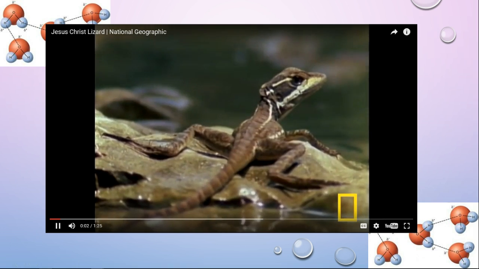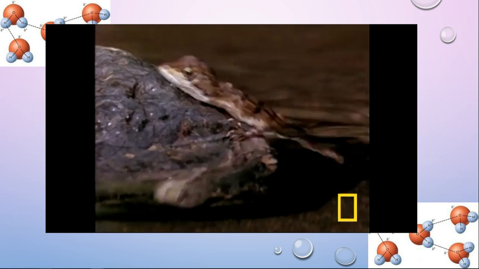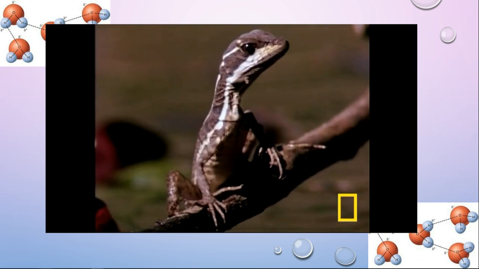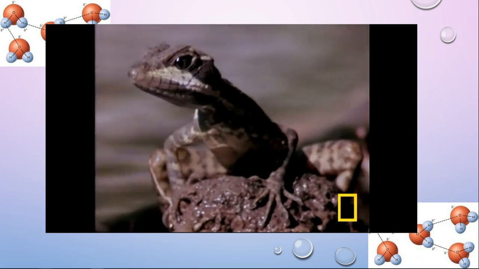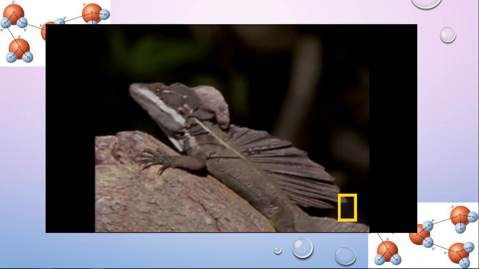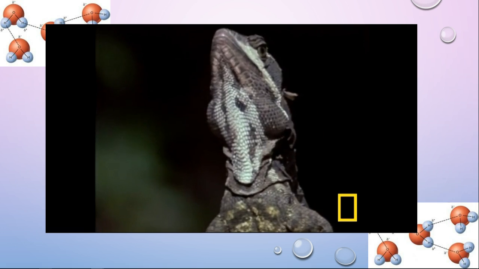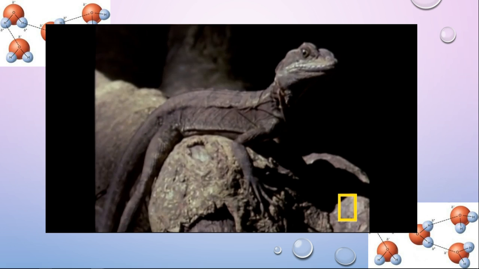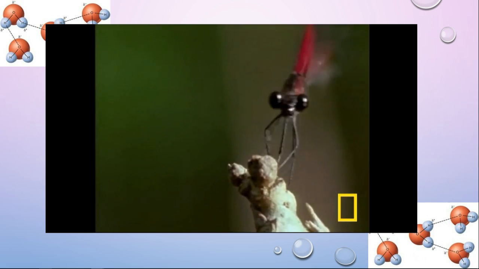Some young Costa Rican basilisk lizards are looking for food. Basilisks have been nicknamed the Jesus Christ lizard. Why? This adult male, probably the father of the young lizards, can't tell us. Nor can this female, exclusive property of the territorial male.